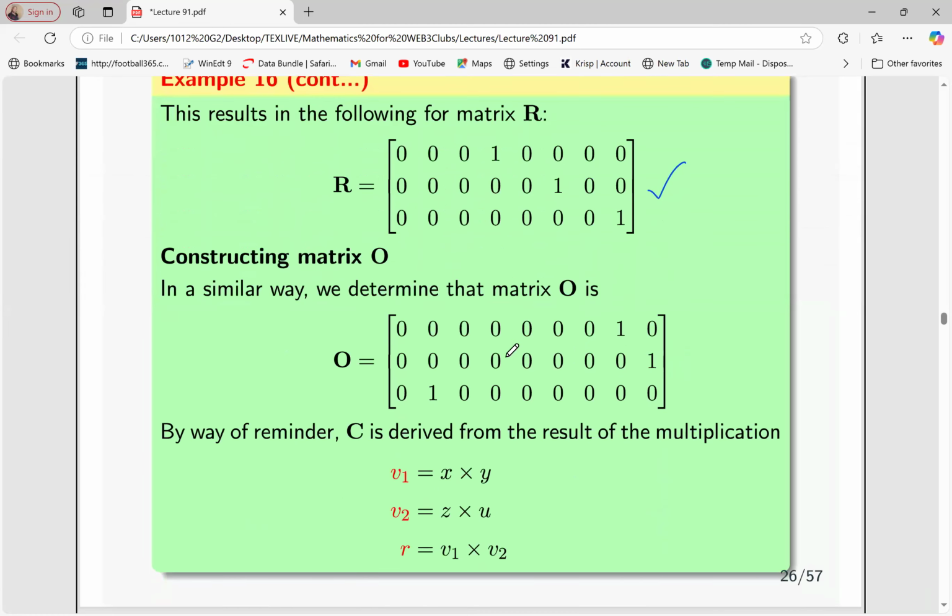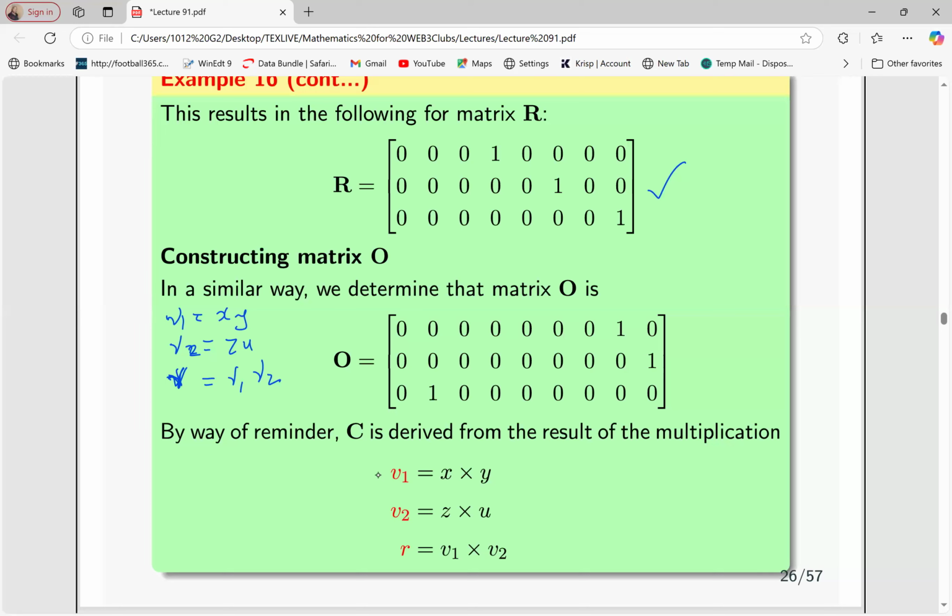What about V? Let me again write it just in a few minutes. V1 was XY, I think. V2 was ZU, and then this time R was V1 times V2.